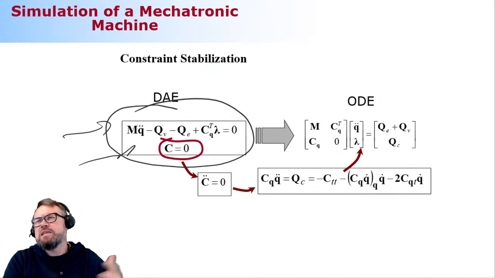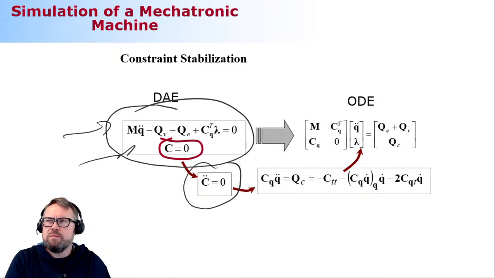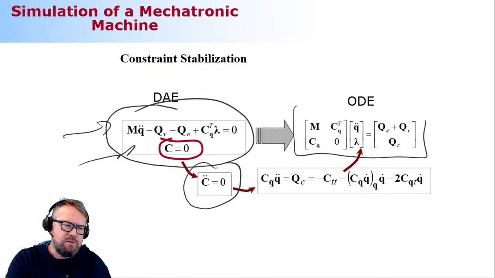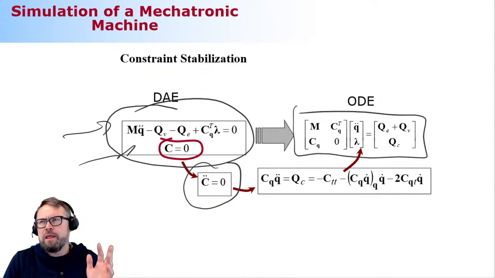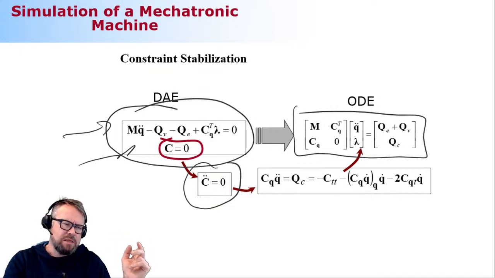Then we made this kind of unnatural move when we differentiated the constraint twice with respect to time, and that helps us put this in the form of an ordinary differential equation. As a result, constraints are no longer fulfilled at position level, but at acceleration level, because this is how we're imposing the constraint.